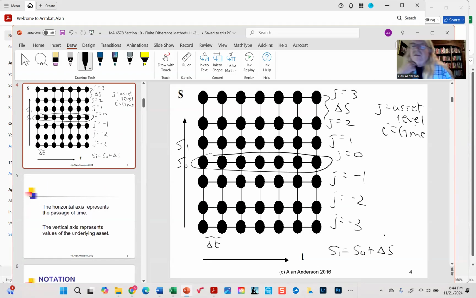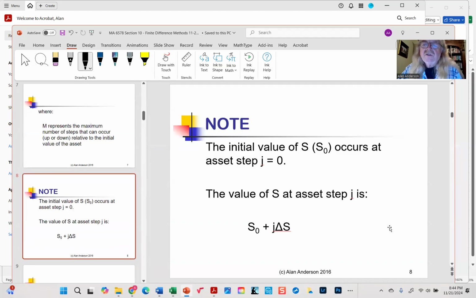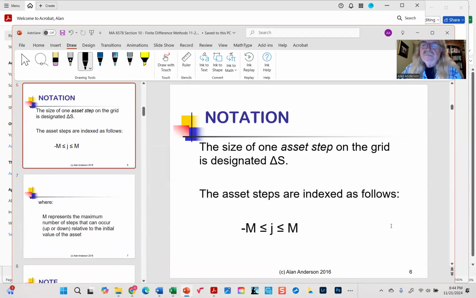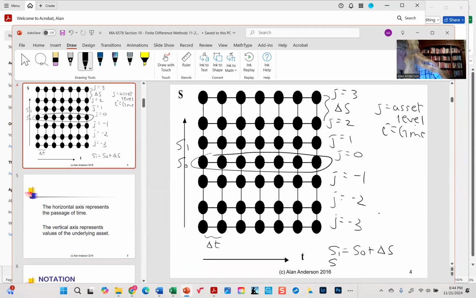And in general, the more general expression would be Sj could be written as S0 plus J times delta S. Okay, and it just shows me that J is telling me how far up I'm going. Each time I go up by delta S, I'm adding that to the initial stock price.